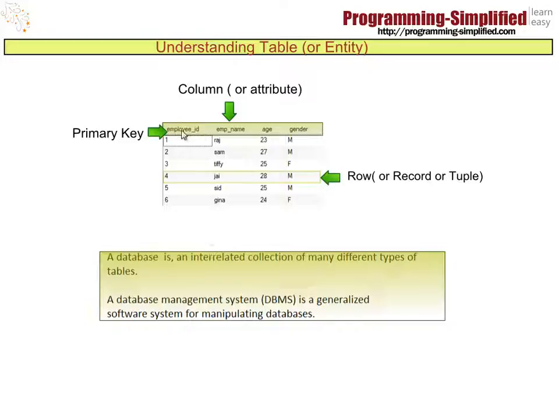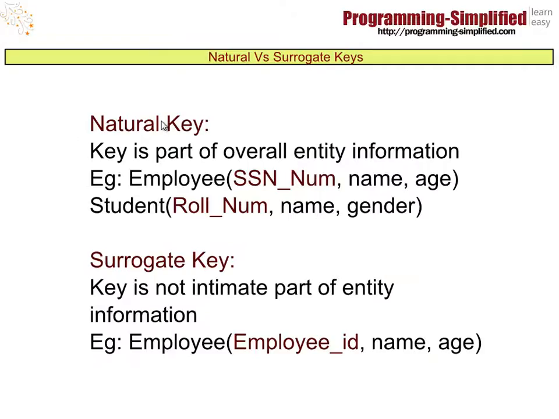Now let's understand the key field in much more detail. Your key or identity field can be a natural key or a surrogate key. A natural key is a field which is part of the overall entity information. For example, social security number, which is a number assigned to every US citizen, is part of the overall employee information, or the roll number of a student is part of the overall student information.